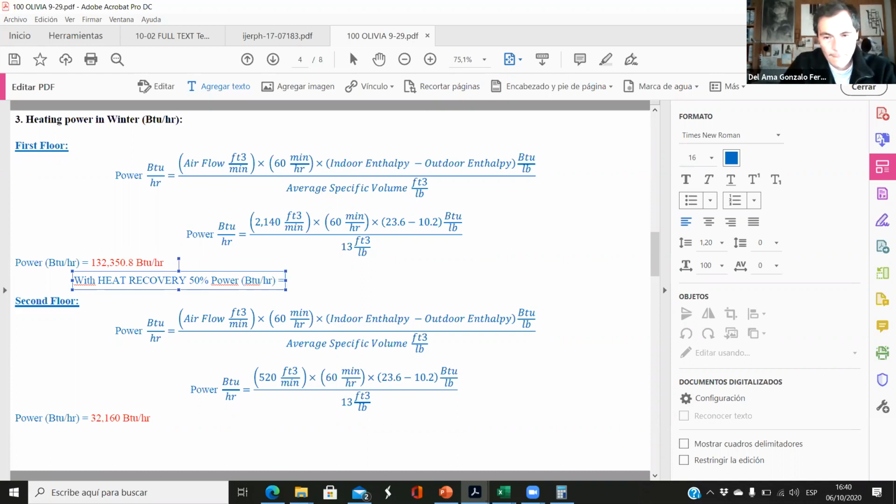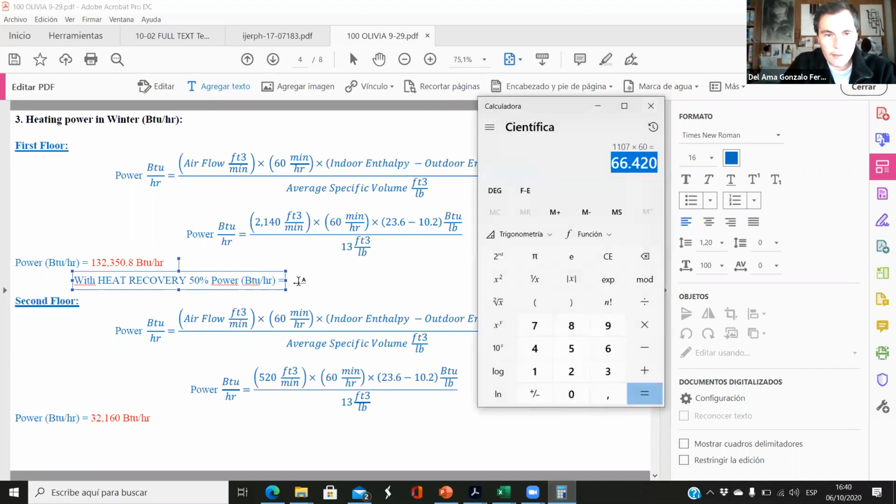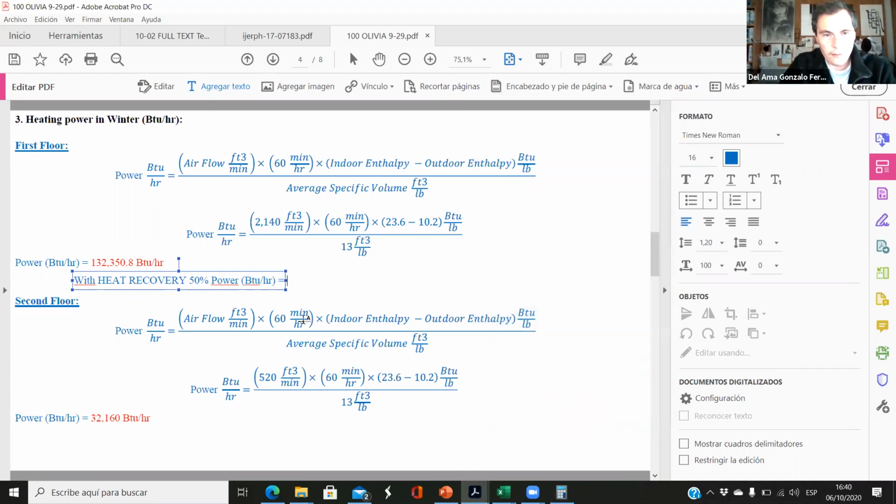will be 66,440, I think it was. BTU per hour, which has to be like half this power.